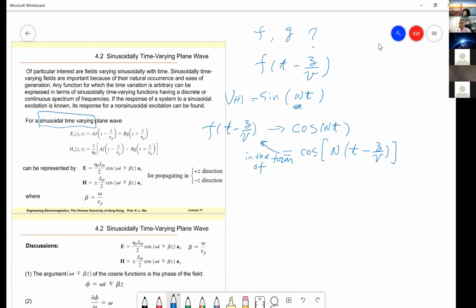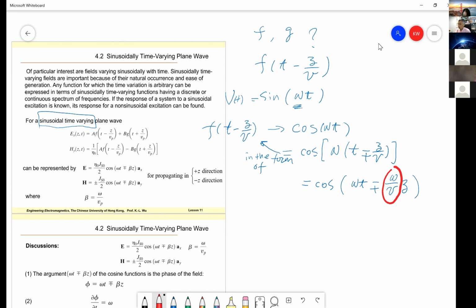Also, if we consider a wave traveling in the minus z direction, we have a plus. So we can say this is omega t minus or plus omega divided by v, times z.